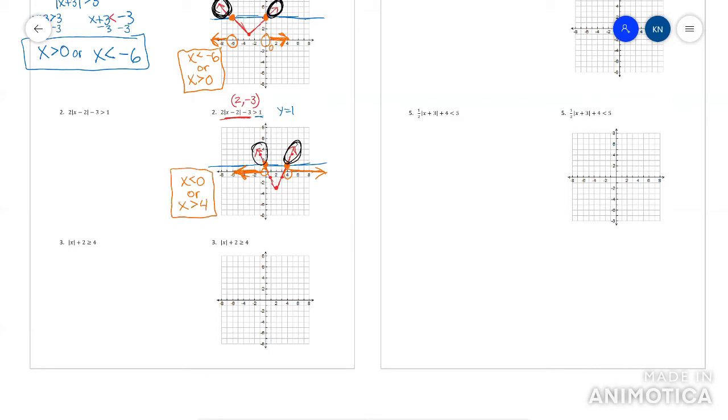Now, algebraically, this one's going to be a bit more challenging than the last one. You would add 3 first. You would divide by 2. Okay, now the bars are by themselves, so I can write it twice, once as is, once times -1.